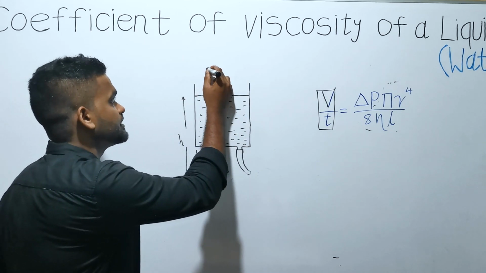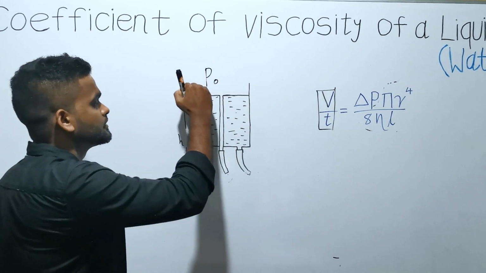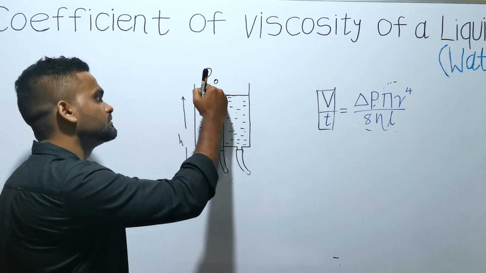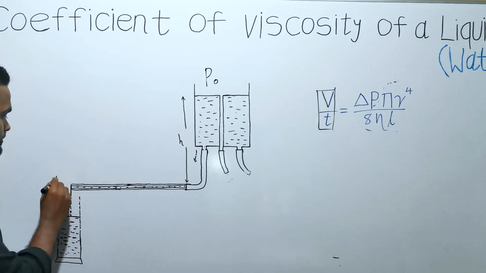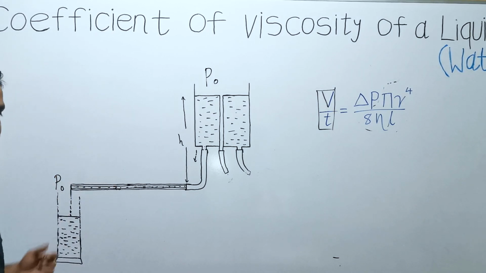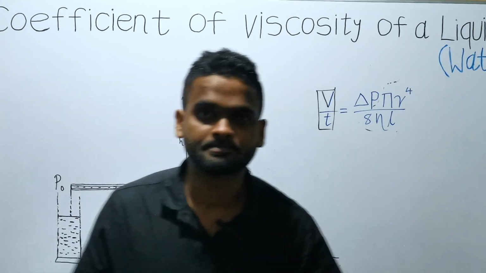So the pressure above the water level would be P naught. And the pressure here also is P naught. That is outside of the apparatus, so this is atmospheric pressure.